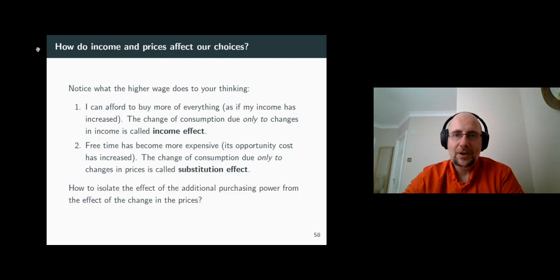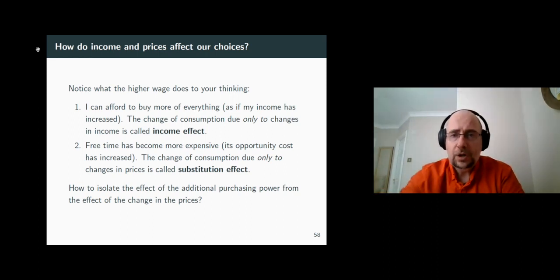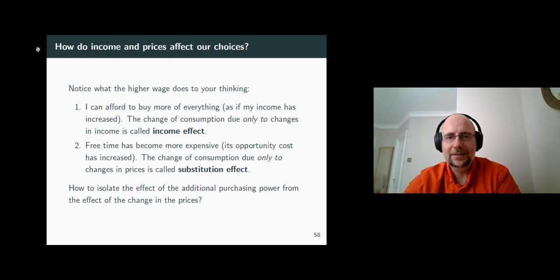This movement is observable in the consumer data, but we want to know why the movement has taken place. Was it because the consumer feels richer, or because their free time is more expensive? In other words, we want to isolate the income effect from the substitution effect. So let's see how we do it.